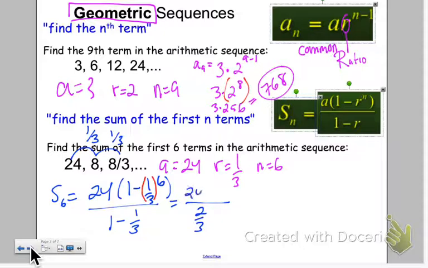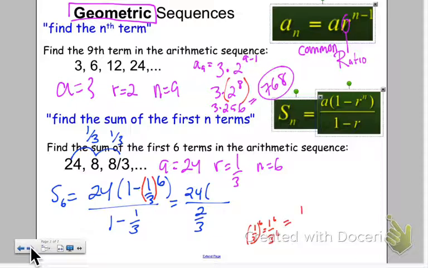So we have 24 times 1/3 to the 6th, so just a little exponents refresher. 1/3 to the 6th is like 1 to the 6th over 3 to the 6th.